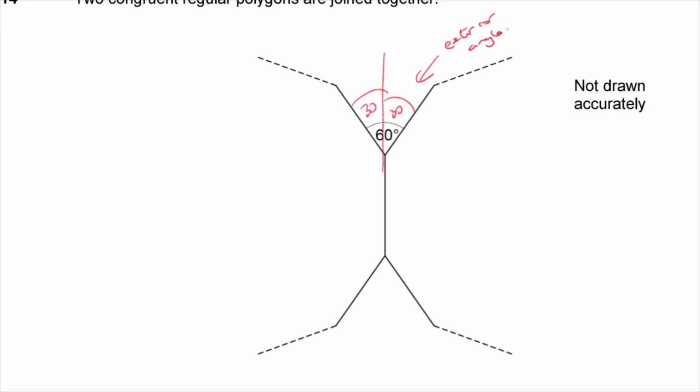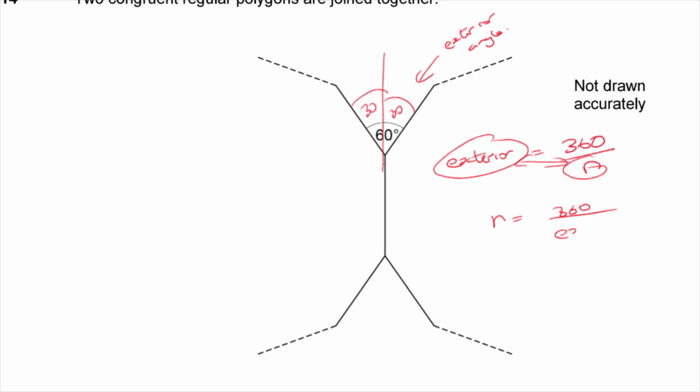Now, the exterior angle of a polygon is given by 360 divided by n, the number of sides. Now, I know here what the exterior angle is. What I don't know is n. So just switching them around, n, the number of sides, is going to be 360 divided by the exterior angle.